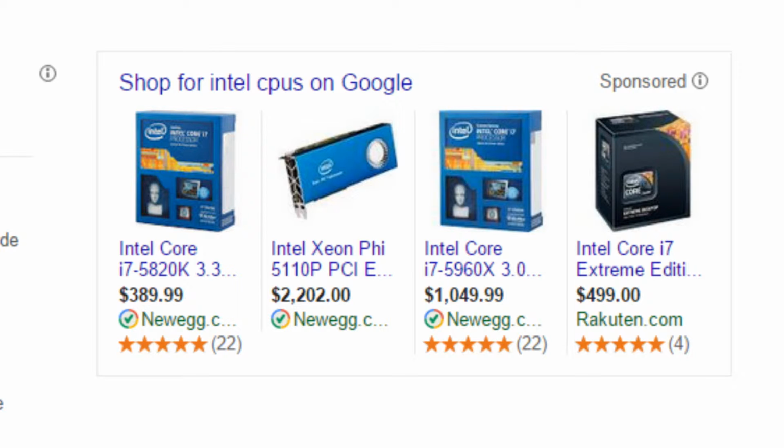For example, an AMD 3.5 gigahertz APU, as I said, is about $200. For a 3.3 gigahertz i7, the 5820K, it is $390 for a CPU.